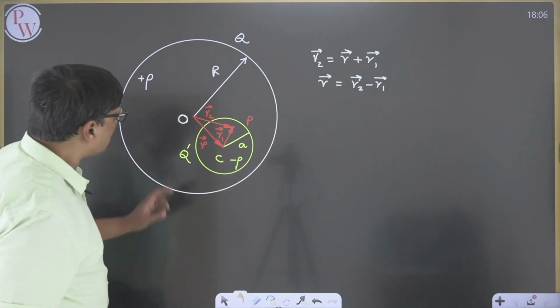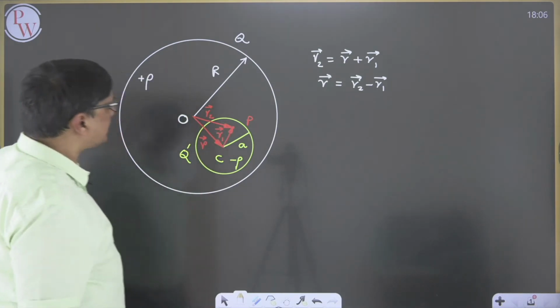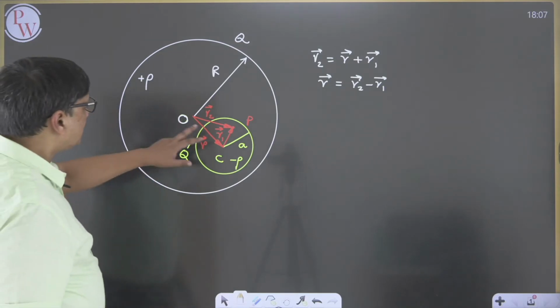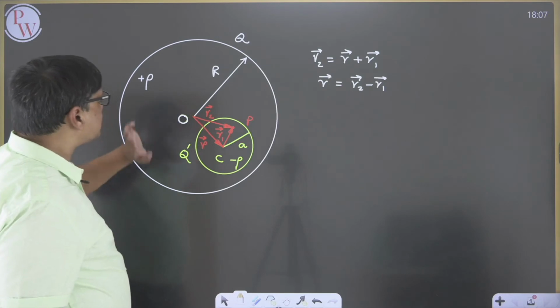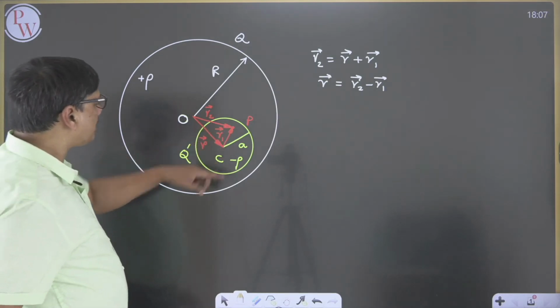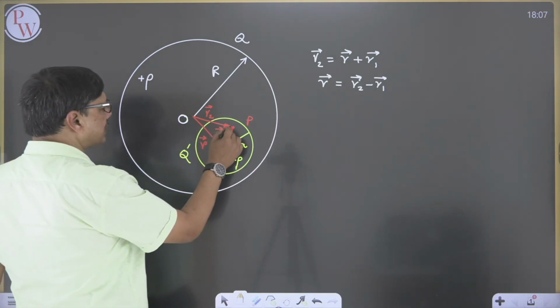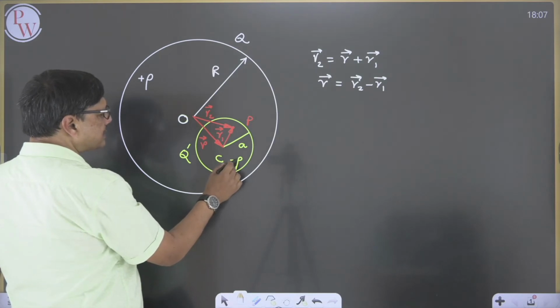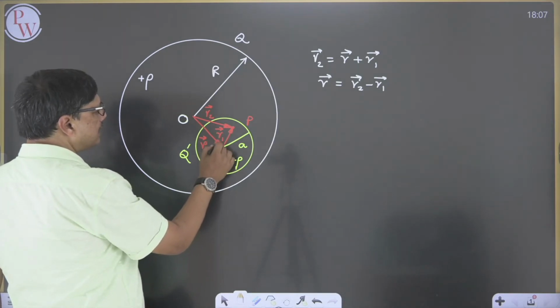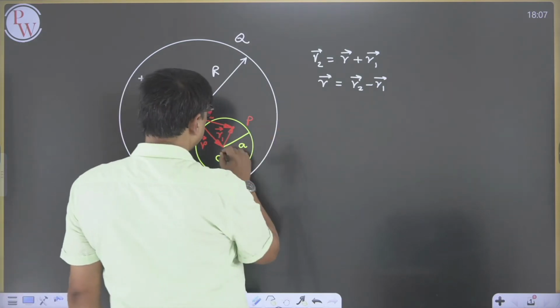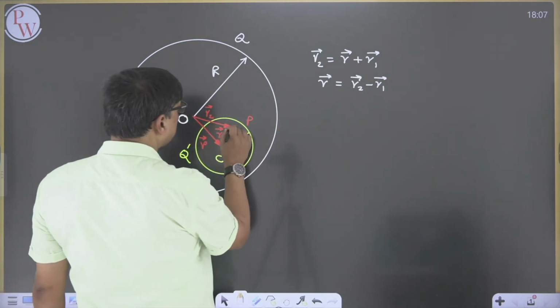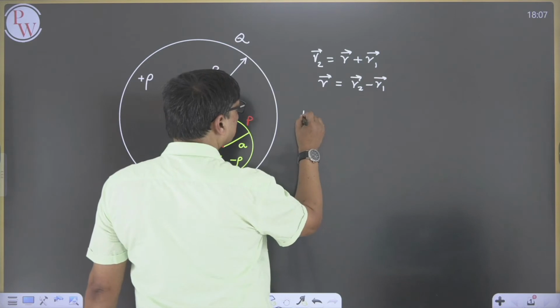Okay. Now what will be the field at the point P? See, for both of these it is an inside point, for the cavity also it is an inside point. Here the density is minus rho and it is at a distance R1. So this cavity will produce a field here. What will it produce?